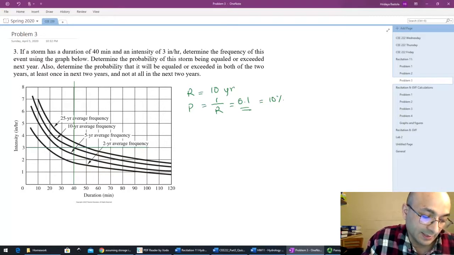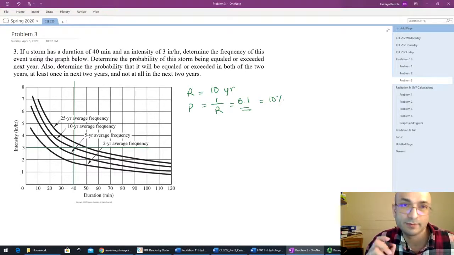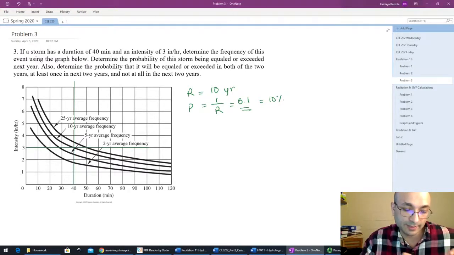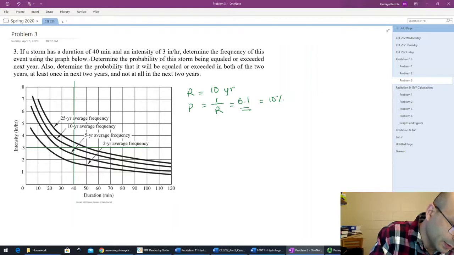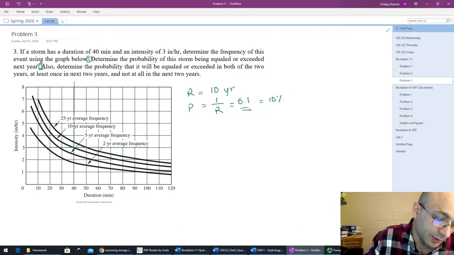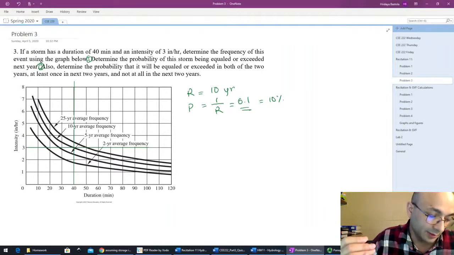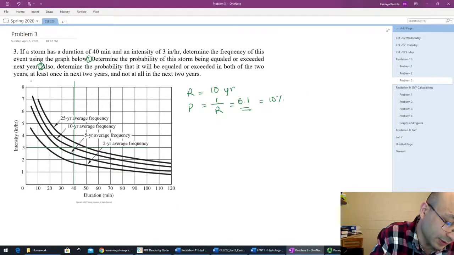Now the question is asking the probability of a storm of at least that return period occurring the next year. So let's call that question 1. Question 2 is the probability of the storm being equaled or exceeded in both of the 2 years. So that's our second problem.